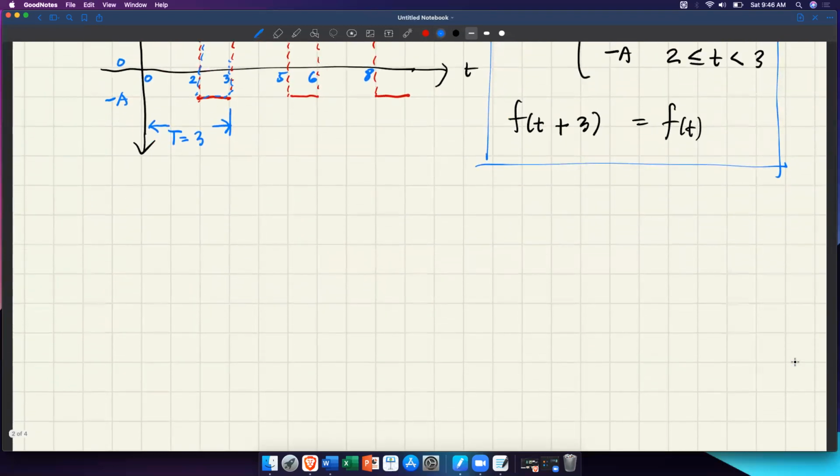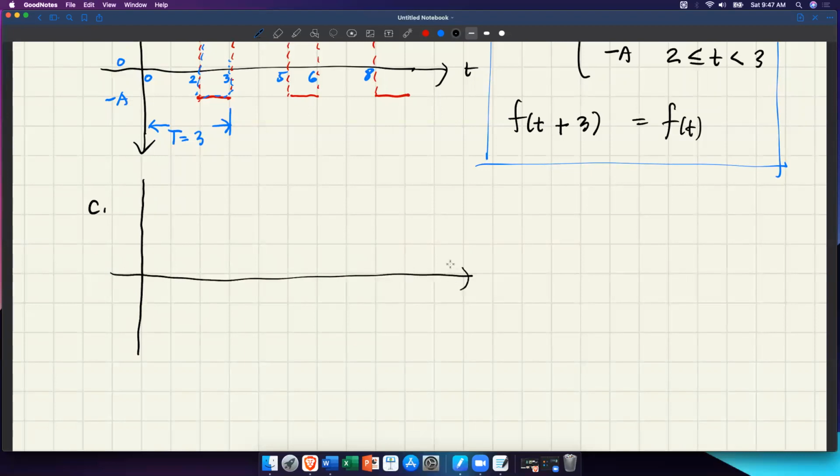Now let's try another function, letter C. I will create another function. This time, this is a sinusoidal function. Let me draw the sinusoidal function first.